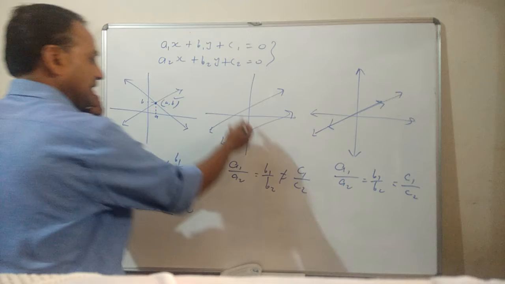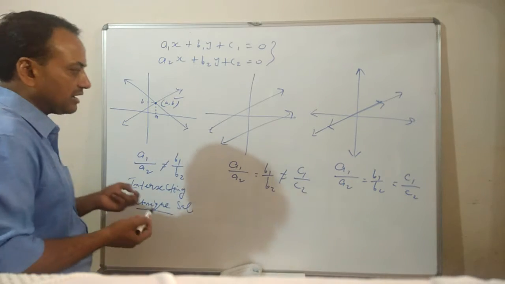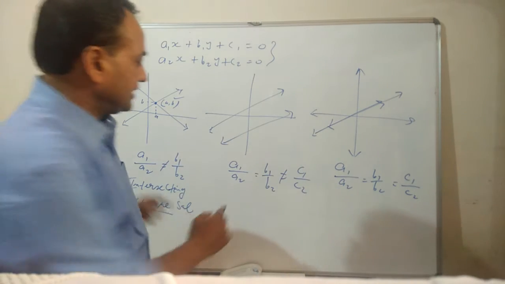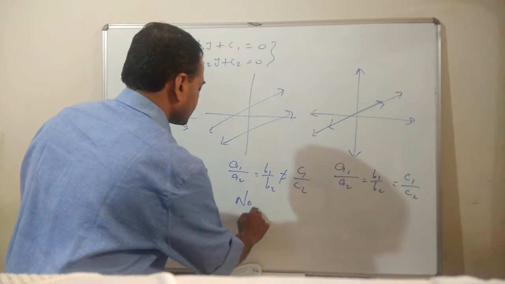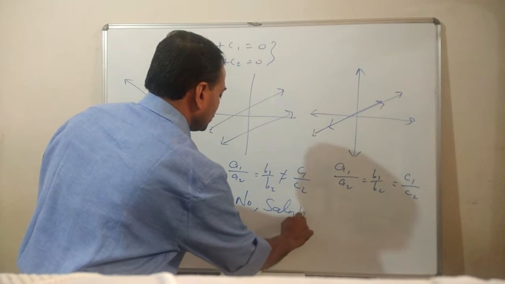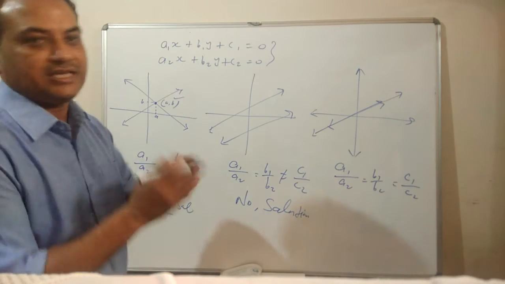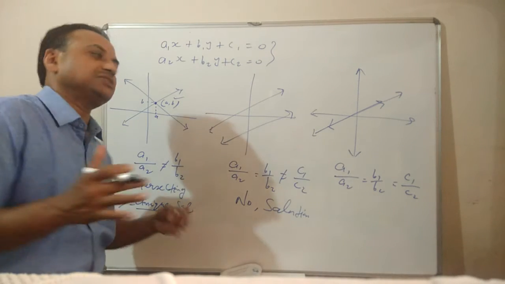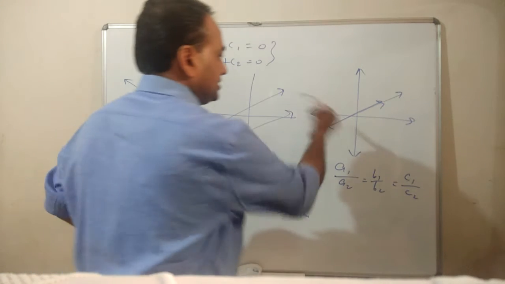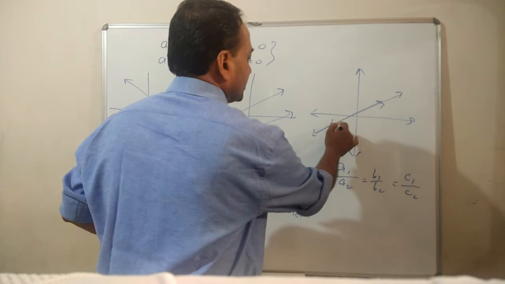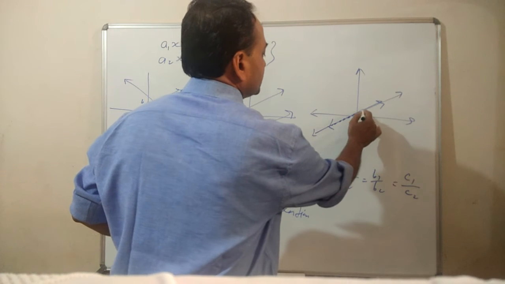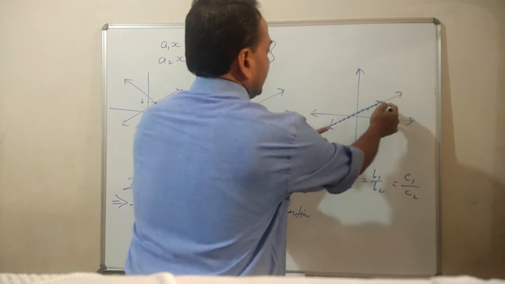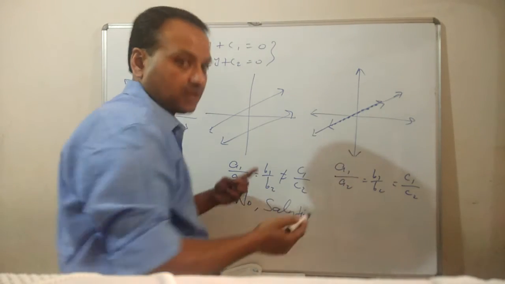In this case, since the lines are not intersecting because they are parallel lines, we will get no solution. No solution will be there with these two lines because they never intersect or touch each other. But in this case, there are many points which are common to these two lines, infinitely many. Since it is a line, we can extend it on both sides.